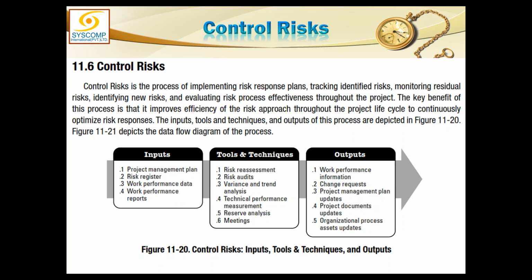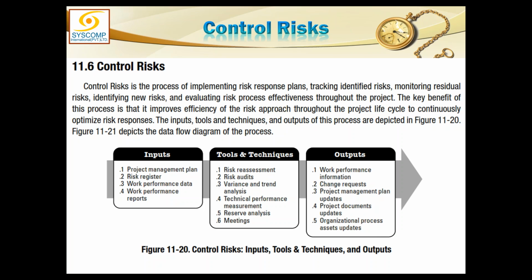So control risk gets this data from execution and compares it against the risk management plan and the risk register, and takes necessary actions for analysis of those risks, reanalysis of the new risks, and ultimately creating a new response.